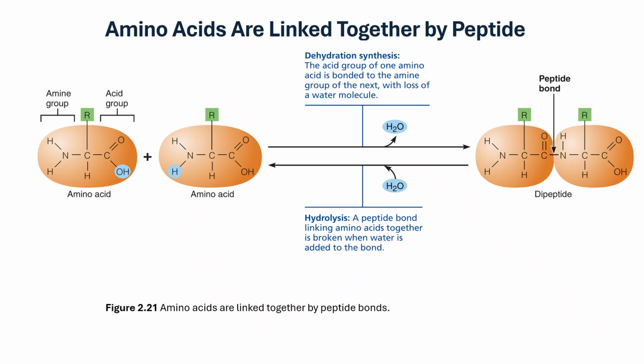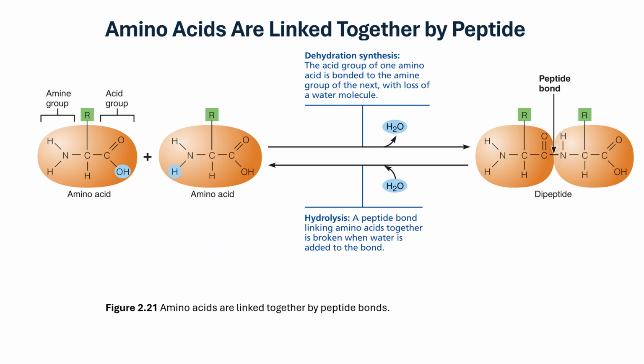In dehydration synthesis, the acid group of one amino acid is bonded to the amine group of another amino acid, which causes a loss of water. That's why this water is coming out over here. The peptide bond of linked atoms forms dipeptides.